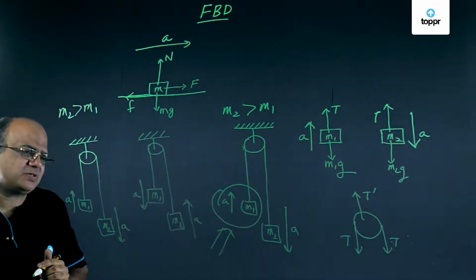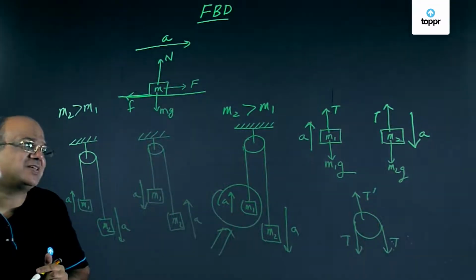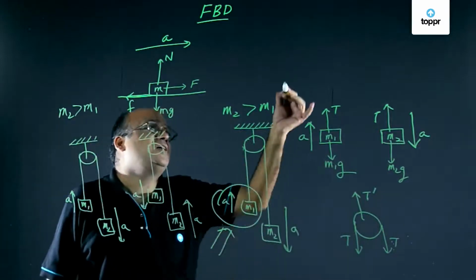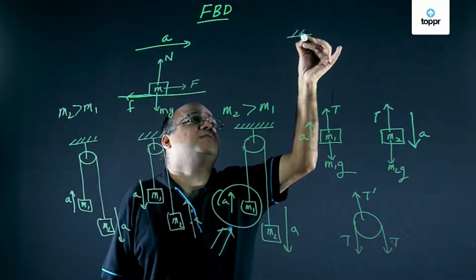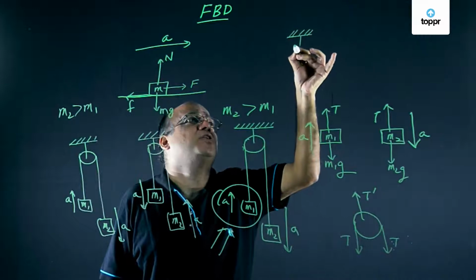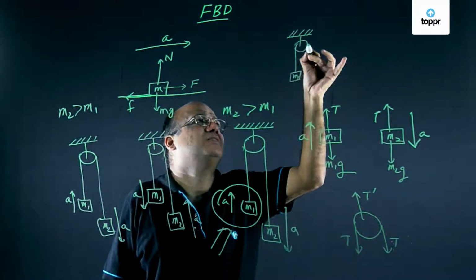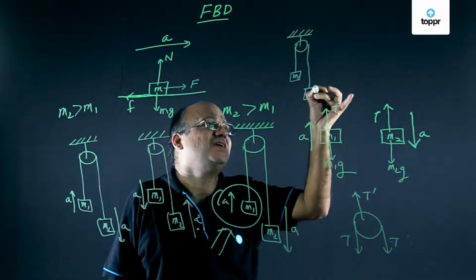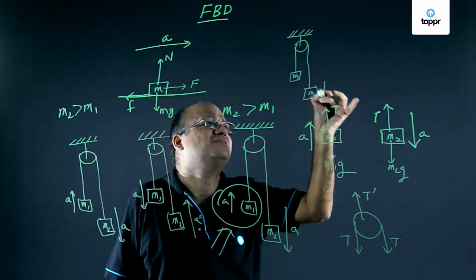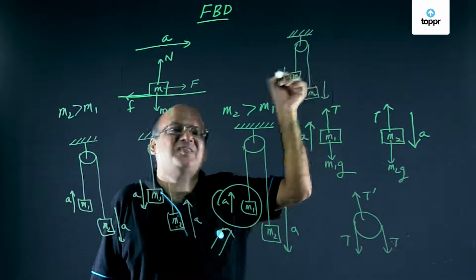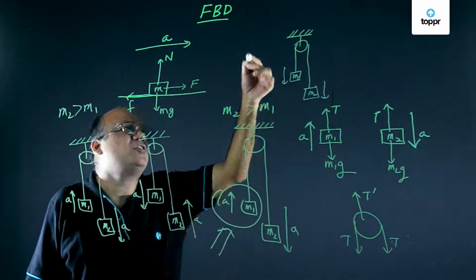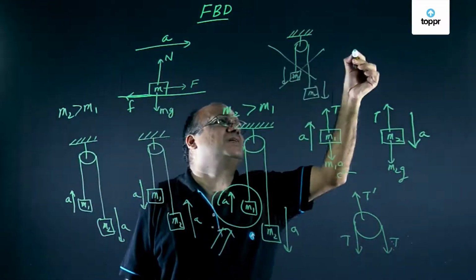But suppose someone says that both the objects, both M1 and M2, will accelerate downwards. That is not possible because the string in that case will break. Right? So this is inconsistent and he will not be able to solve this question.